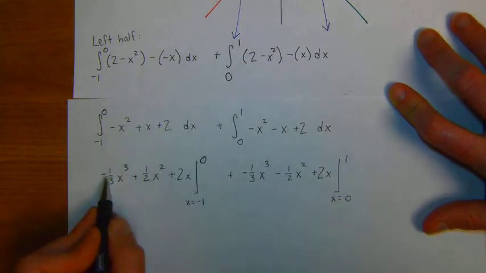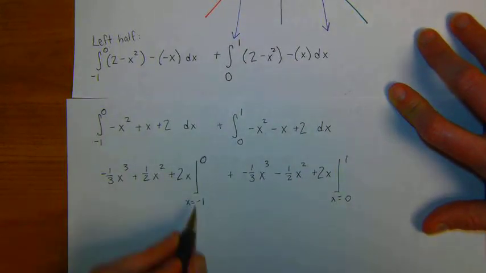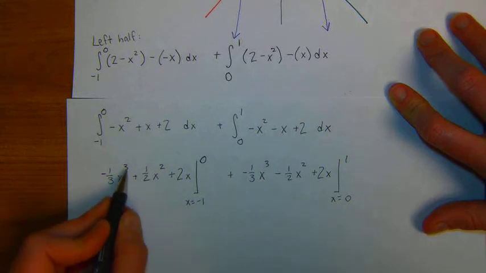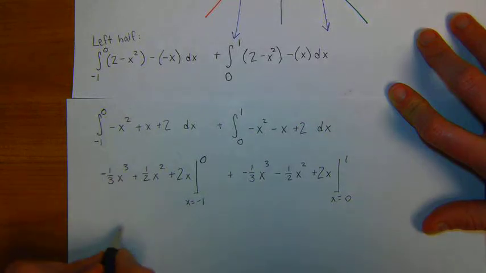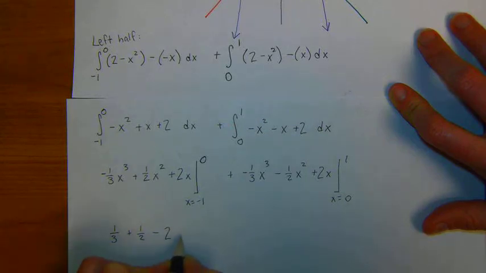Plugging in the values, I see that plugging in 0 makes everything 0. Plugging in -1, I get -1 cubed, which is -1. This becomes plus 1/3 plus 1/2 minus 2. This is the area of the left half of the curve.